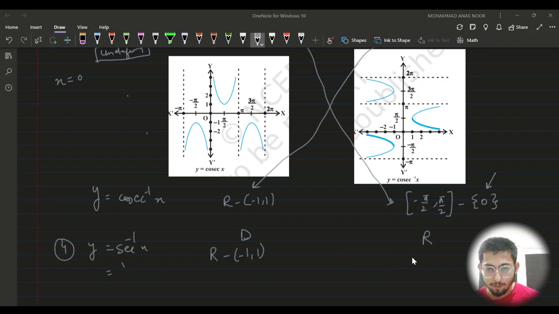The range would be 0 to pi, except what? There should be some exception here.